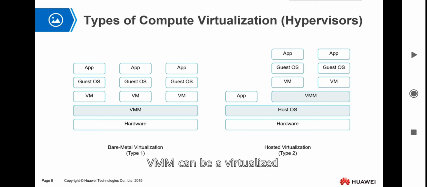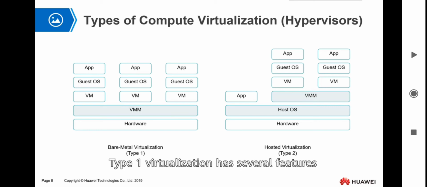VMM can be a virtualized complete operating system that controls all resources including memory, CPU, and I/O devices. It also assumes the responsibility of managing resources, providing virtual machines upwards for the running guest OS. It is responsible for directly docking with hardware.